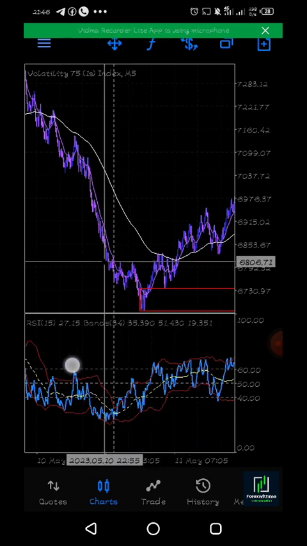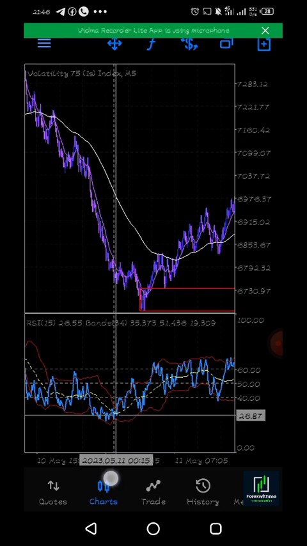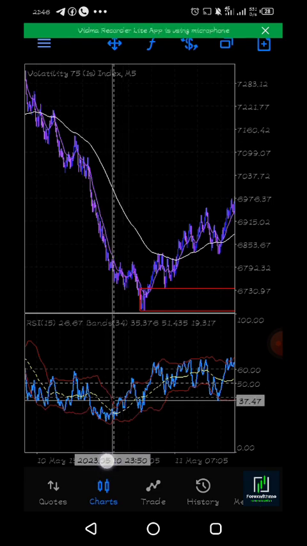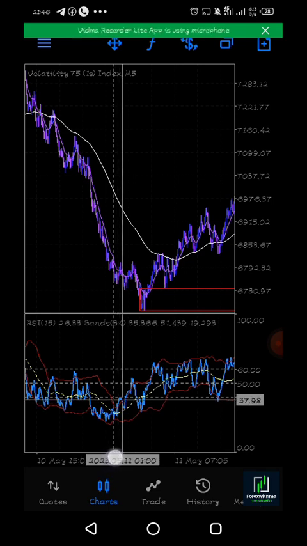That's the first thing. You can see this market came all the way outside the 40 zone and immediately it breaks the Bollinger Bands here. You know that probably there will be a reversal.